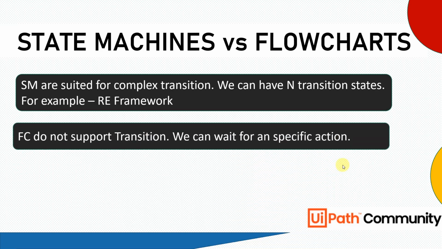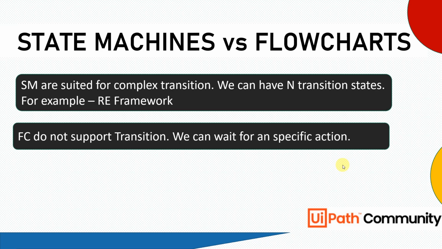Next, the flowchart does not support transition, where we can wait for a specific action. What does it mean? In a flowchart you cannot have a transition. I cannot tell the process to wait for this item to continue. Let's say I am doing an automation and I want a condition where I wait for something to happen.